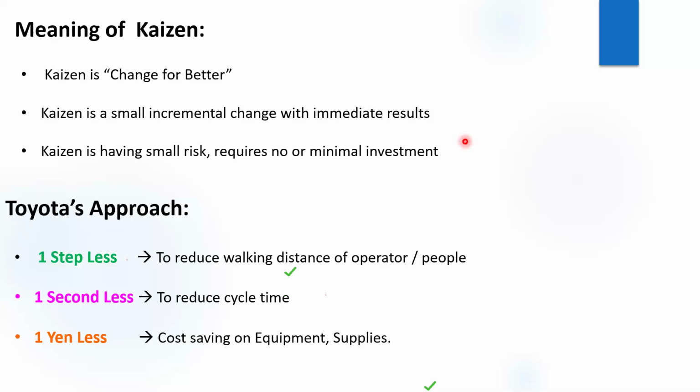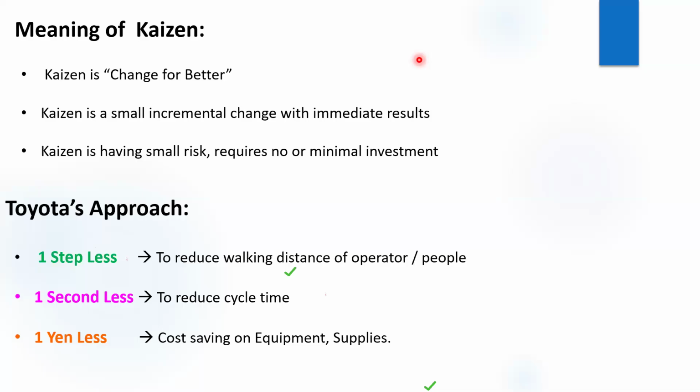So we will see Toyota's approach. We can do Kaizen in each and everything. Suppose one step less. Suppose an operator is walking 100 feet. I will give this example tomorrow, because when we implemented one Kaizen, the operator was walking 100 feet to check the job and coming back.